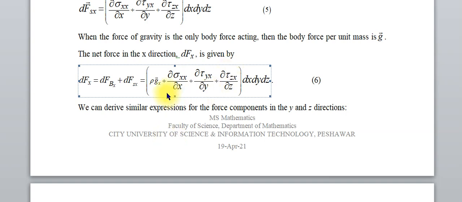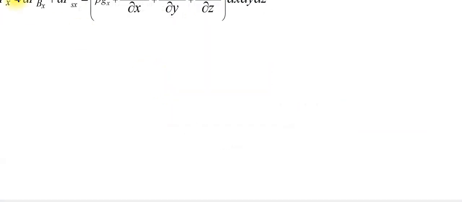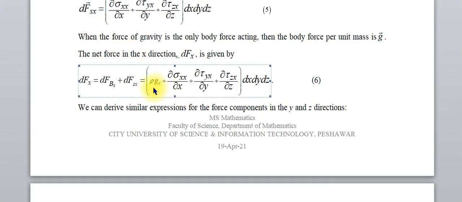Similarly, in the z direction this will be changed to rho gz. Okay, there is no arrow. Remember there is no arrow, because it is only in exponent form in this direction, so we will remove this from all of these.